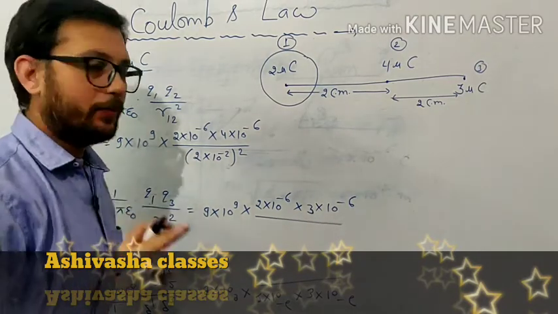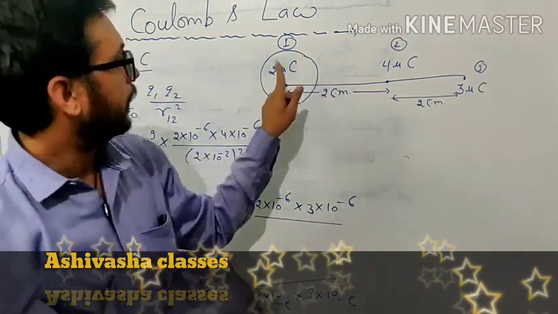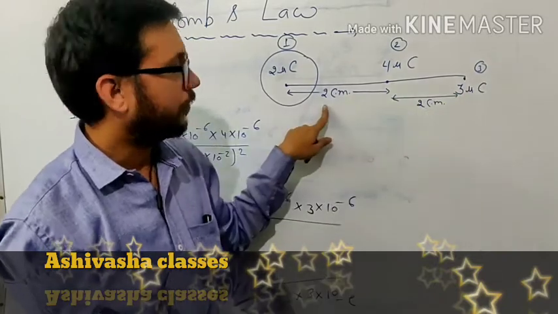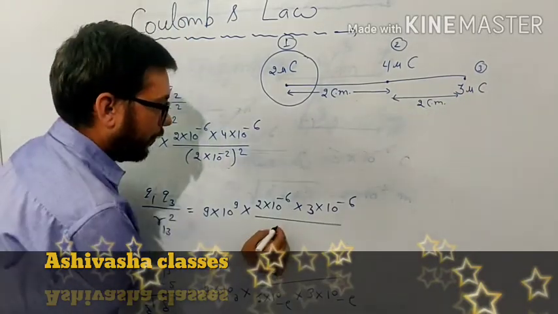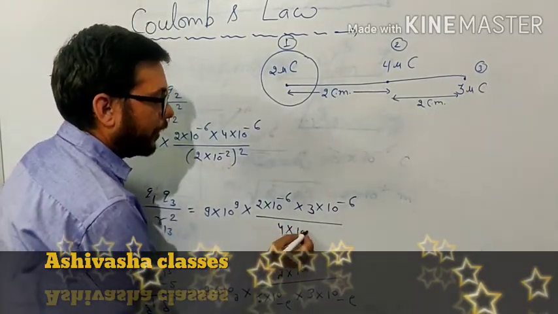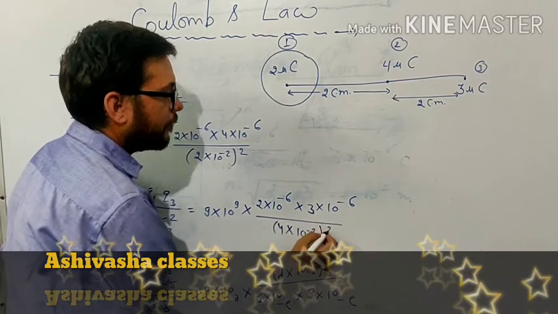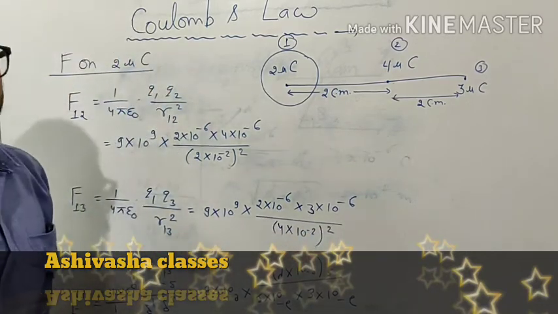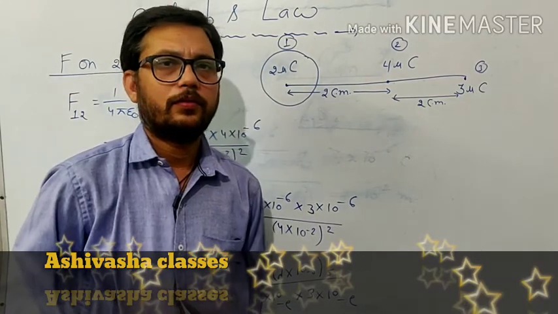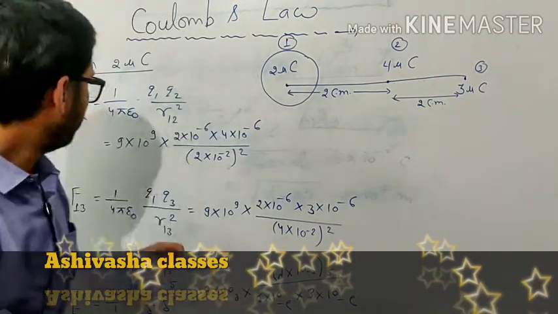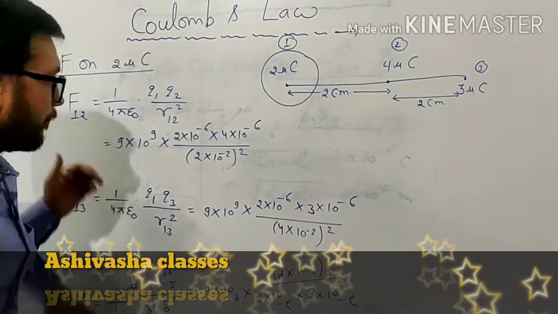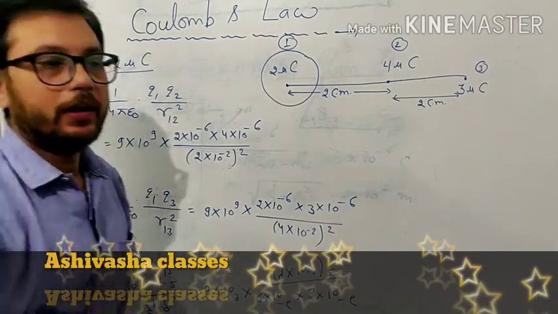R13 means the distance between charge 1 and 3. So this is charge 1, this is charge 3, the distance will be 4 centimeter. So it will be 4 centimeter minus 2 and the square. So now we have two forces. First is F12 and second is F13.